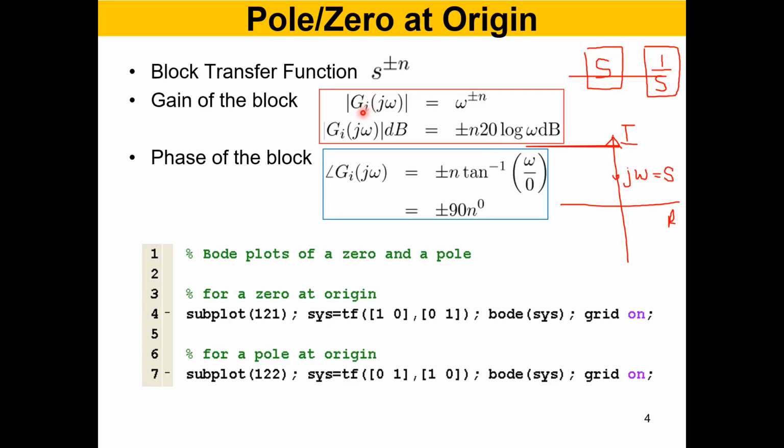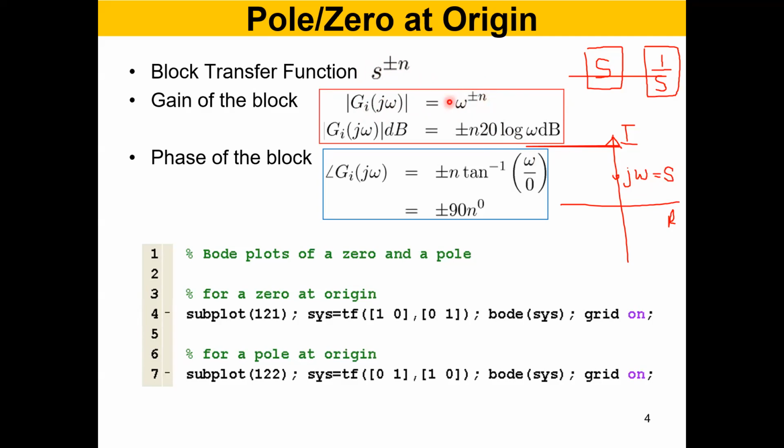So it becomes G of j omega, that is the block of j omega. The block is actually S or 1 over S, and is represented by S to the power plus or minus n. So S equals j omega in this particular case, so it is j omega to the power plus or minus n.